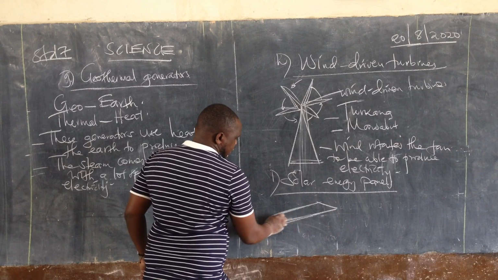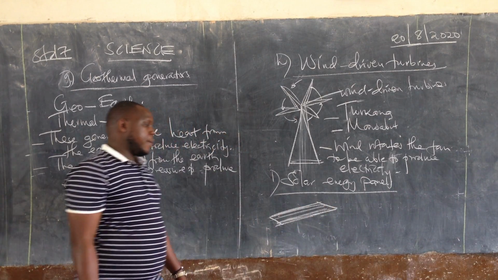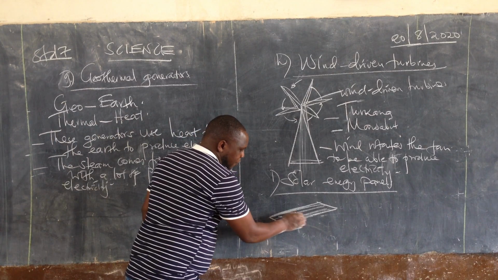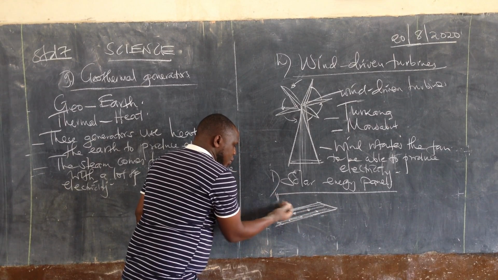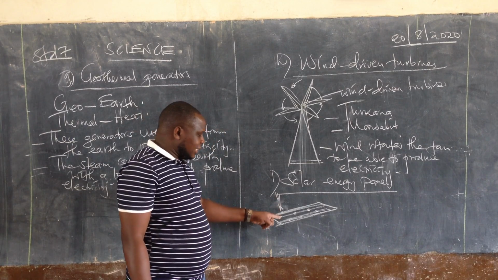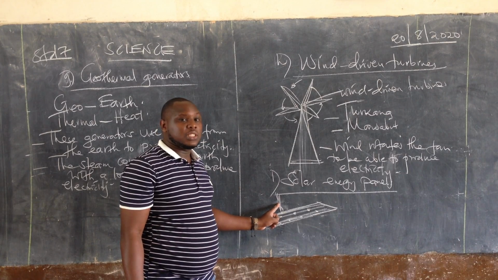Some slates like this. These are what we call the solar panels. Now these solar panels have cells. How they produce electricity? They have cells that when light shines on them, they are able to convert this light into electricity.